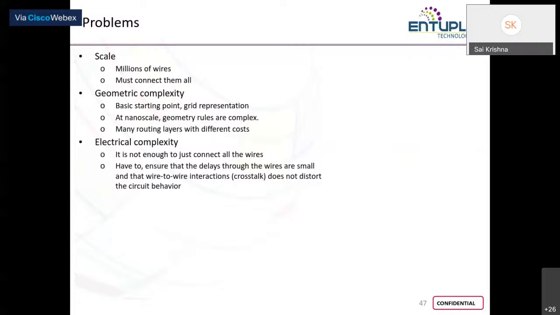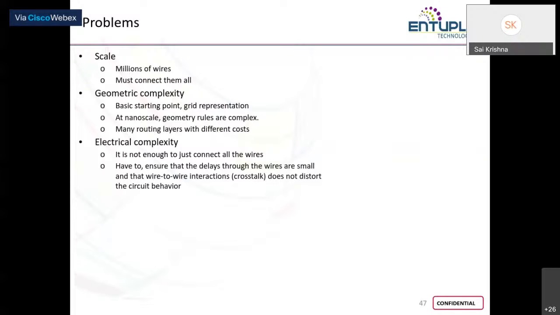Now, along with this, you also have to make sure that with respect to the fabrication point of view, all your wires are in place. That means your fabrication is always based on lines, vertical and horizontal lines. There's a fabrication grid, and all your standard cells or all your routing must be done based on that grid only.